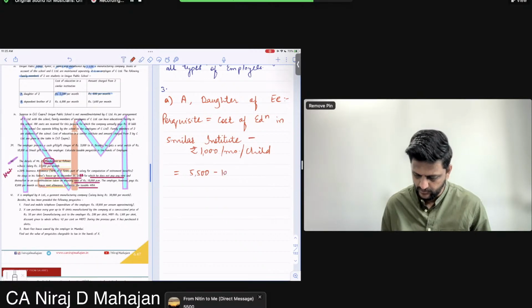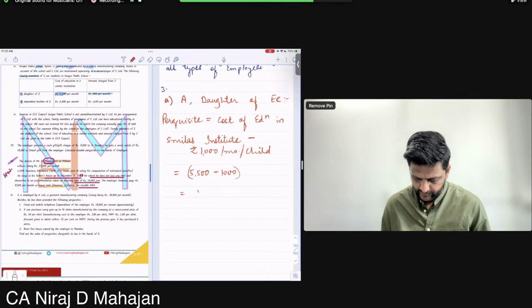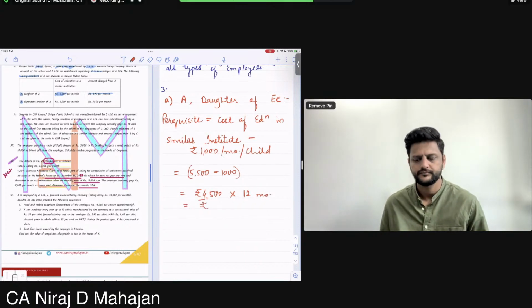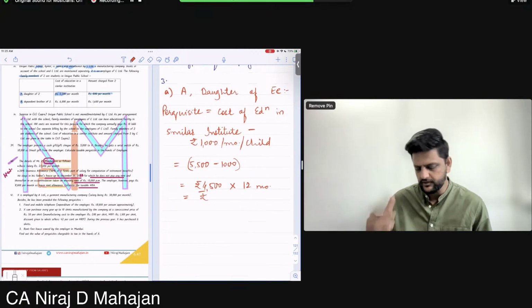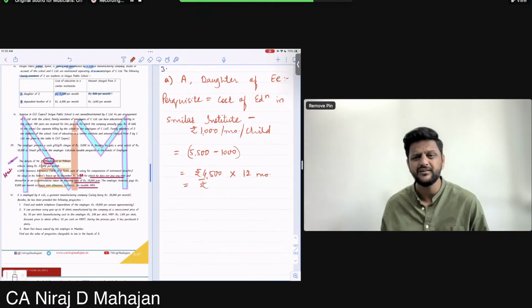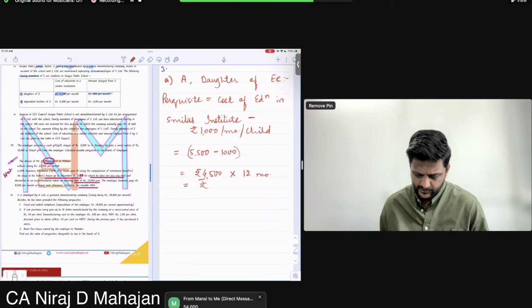Minus 1000 is rupees 4,500 into 12 months. And for the entire year we are calculating. Whatever this figure comes to, tell me. 9,000 will add, no? 54,000.